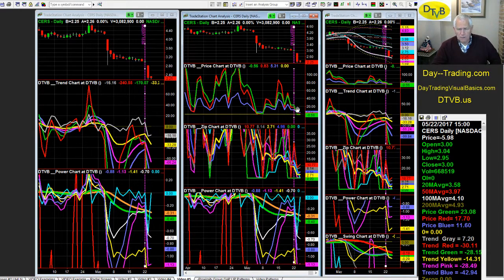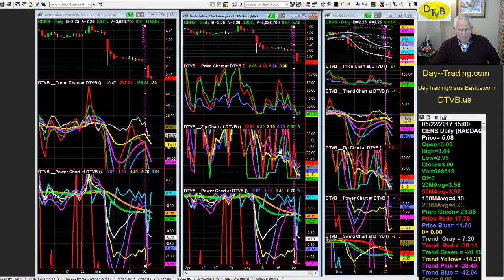Typically if we just looked at the price chart, we might say, well, this is going to go up, but because we've had such a huge downturn, because zip yellow at this point is at 8, that would not be a wise move. Also, you've got a doji candle at that point. In fact, most of these are doji candles for the last 8 or 10 days. But there's not a lot of movement, and it is going down slightly.